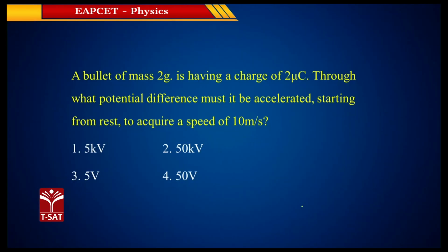And next, a bullet of mass 2 gram is having a charge of 2 microcoulomb. Through what potential difference must it be accelerated, starting from rest, to acquire a speed of 10 meter per second? Here you observe that you know the formula for potential energy.